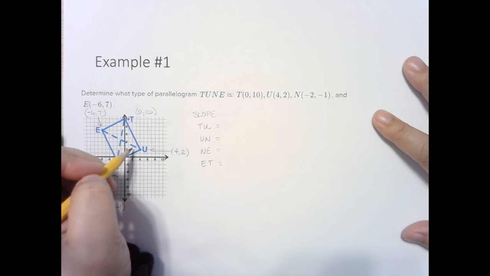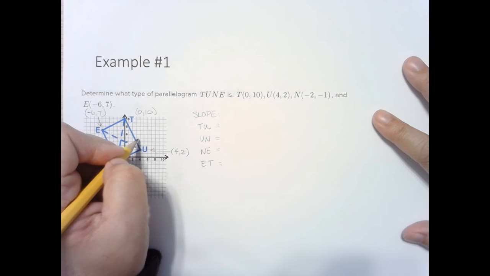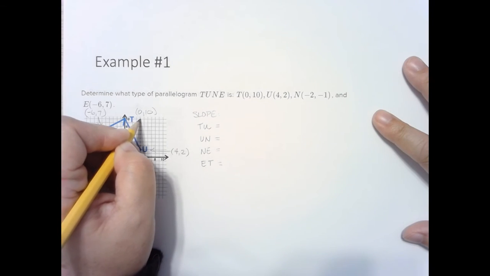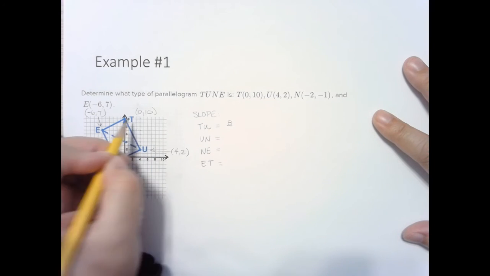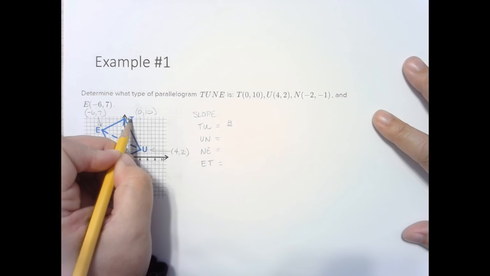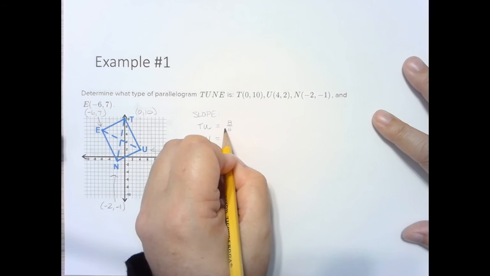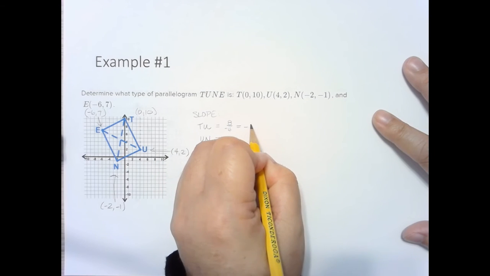So to get from U to T, I go up 1, 2, 3, 4, 5, 6, 7, 8. And I go over 1, 2, 3, 4. And I went over to the left, so -4. So -2.